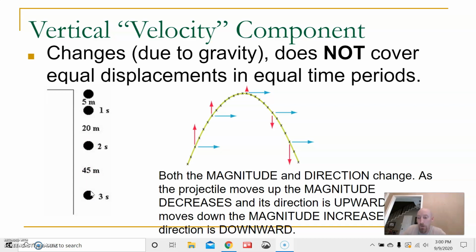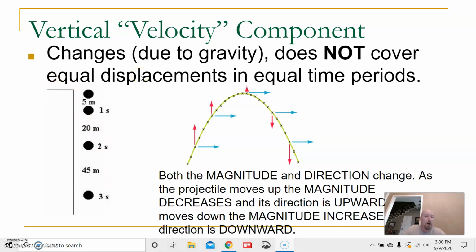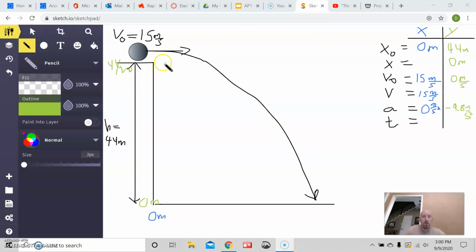It's accelerating just in the negative direction. It's moving downward. The fact that it's being fired outwards bothers folks, but remember, x and y are independent.